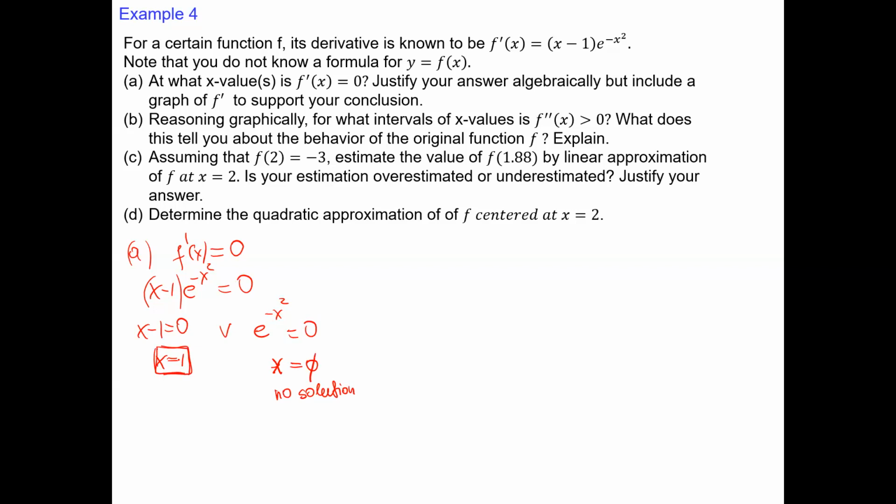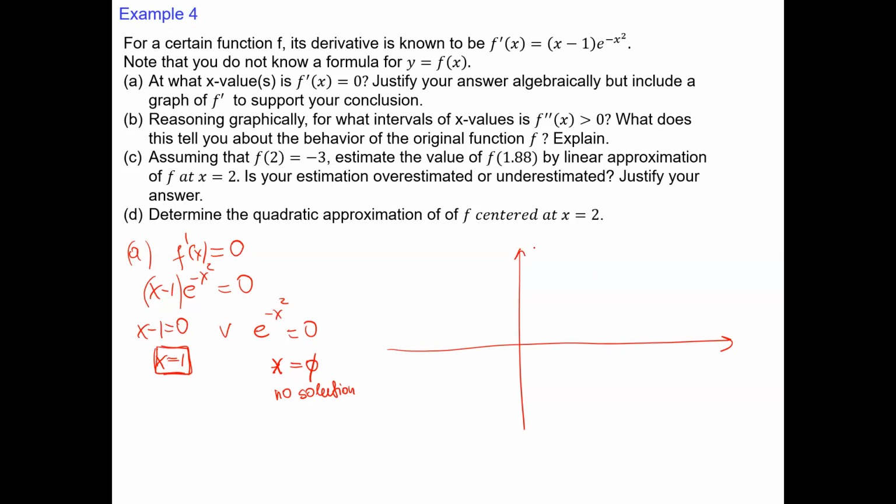Okay, that means this is 1, and what we have to do is graph. I can give the graph. Yes, that's the graph of the derivative.